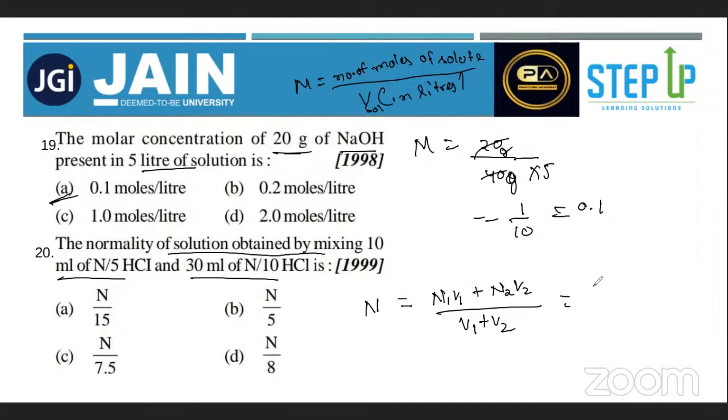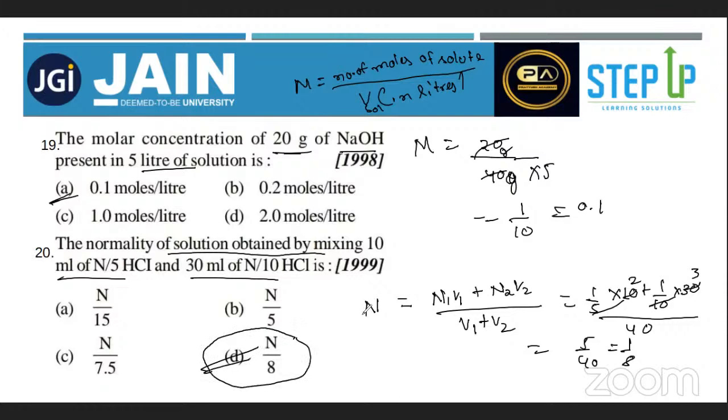So N1 is basically 1 by 5. So 1 by 5 into 10 plus 1 by 10 into 30, upon the volume. The volume is 30 and 10, so 40. So basically this will be 2 plus 3, so 5 upon 40, or we write it as 1 by 8, or N/8.